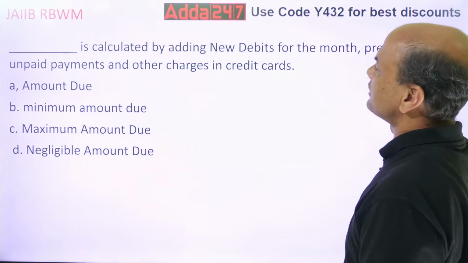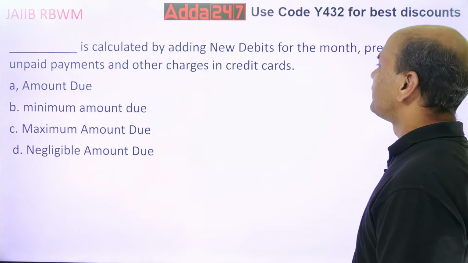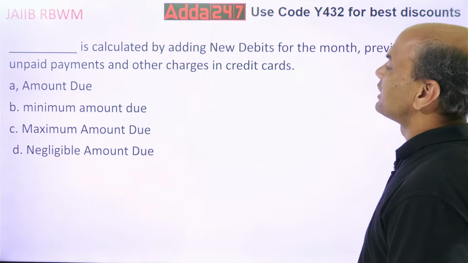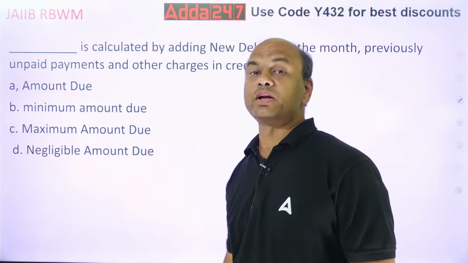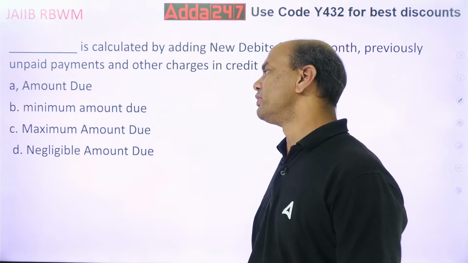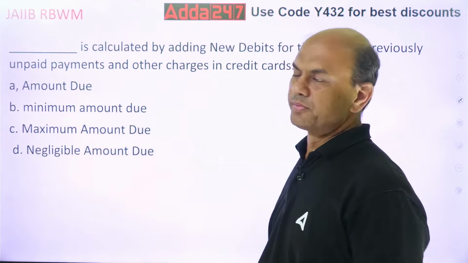Dash is calculated by adding new debits for the month, previously unpaid payments, and other charges in credit cards. So what is calculated? Amount due, minimum amount due, maximum amount due, negligible amount due.